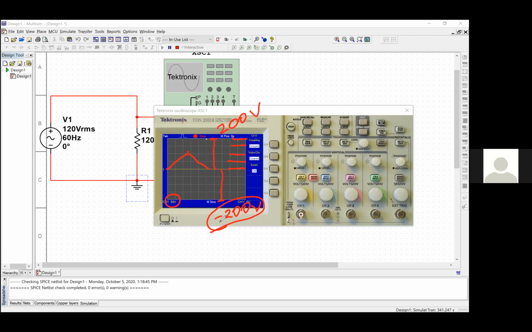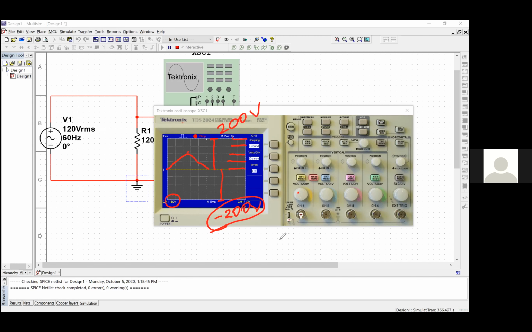Like if you see minus 200 in your bank account, yes, that means you have minus $200. But in the case of electricity, it doesn't mean that you have a lack of 200 volts. It only means that your current is flowing in the opposite direction.